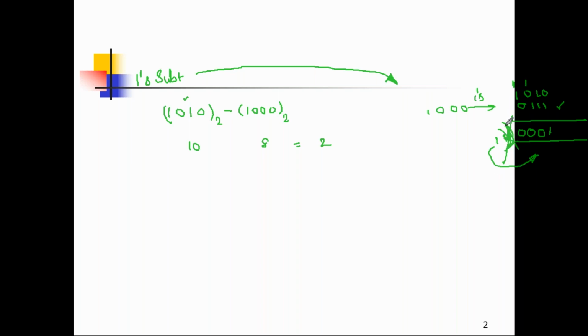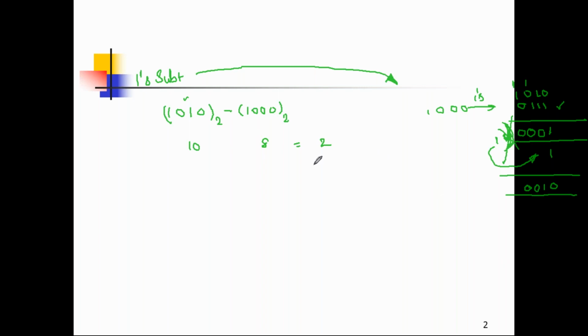That carry on some occasions can be neglected, on some occasions it should be added. So here I'm going to add that carry. Finally I get the answer like this: 1 plus 1, sum 0, then carry comes to here, then 0, 0. This is the answer for this problem.